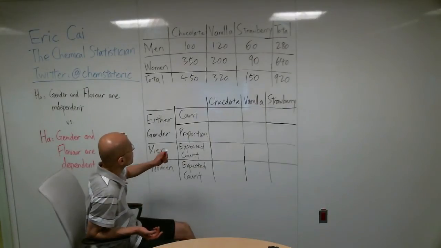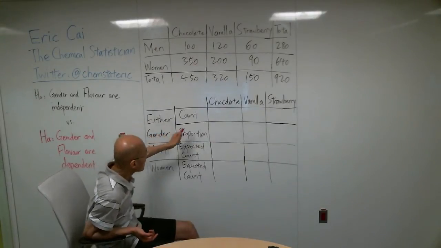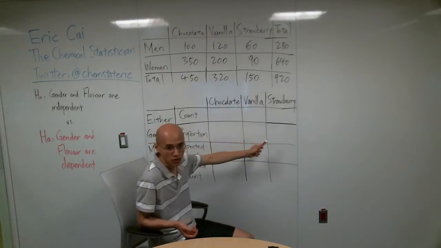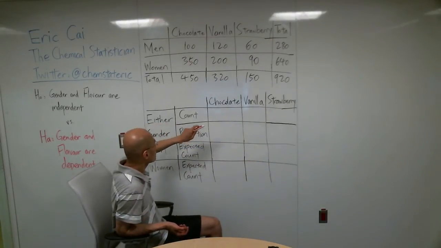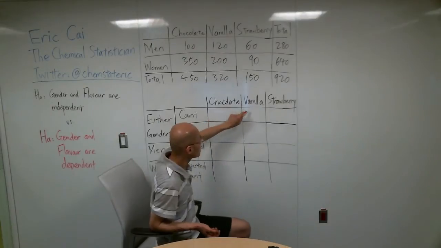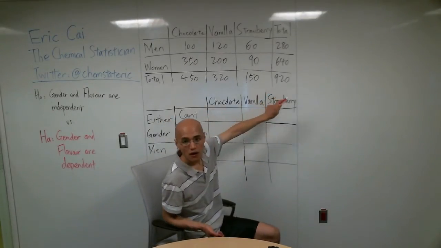So if the proportions of the preferences are the same for either gender, we can estimate those proportions by first finding the counts for the individual flavors and then dividing them by the grand total.